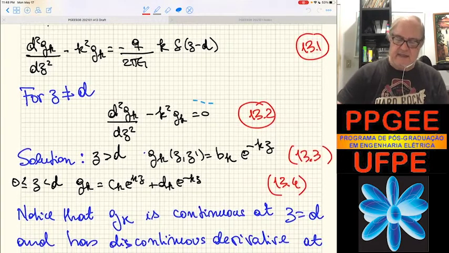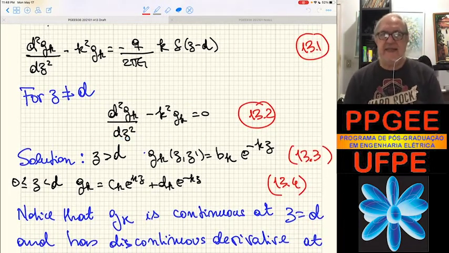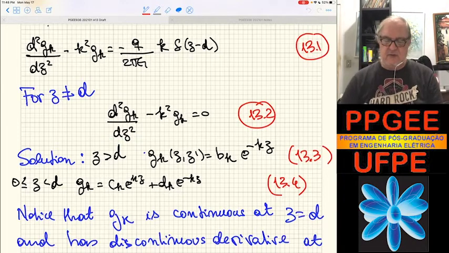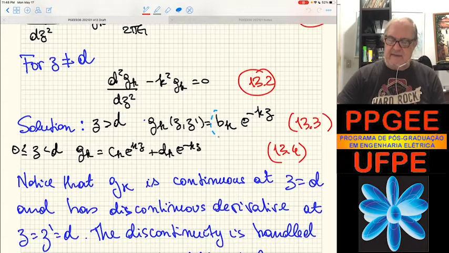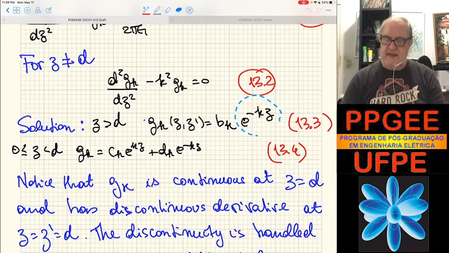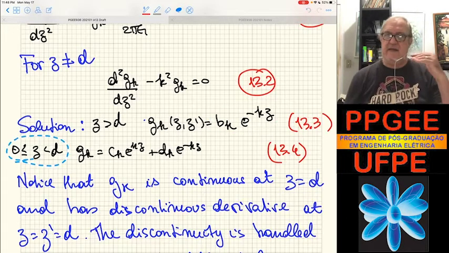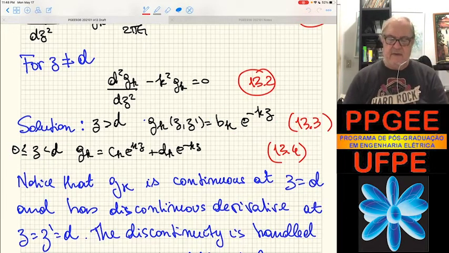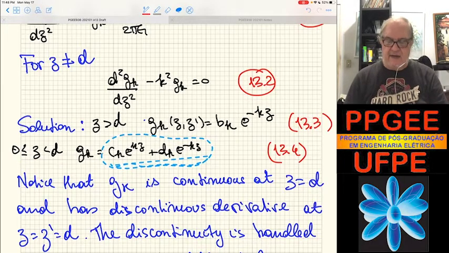So that's the differential equation. This is a very simple equation that has exponential factors as solutions. For z larger than d, we have an acceptable solution, which is a decreasing exponential, right? We have a coefficient. And for z between 0 and d, because we are in the upper region, we have a combination of positive and negative exponentials that are allowed.